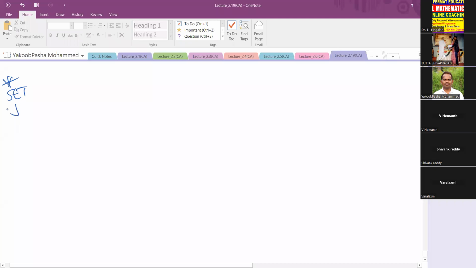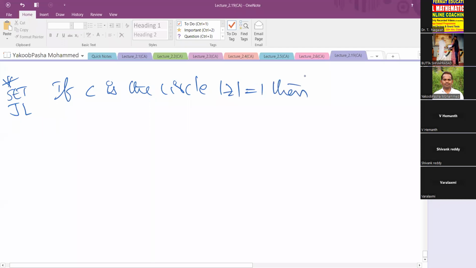If C is the circle, modulus of Z is equal to 1, then the integral over C of dz by (Z minus 2) is equal to?